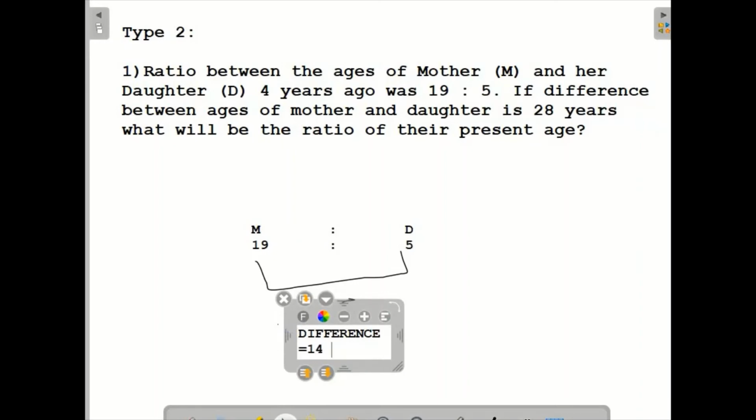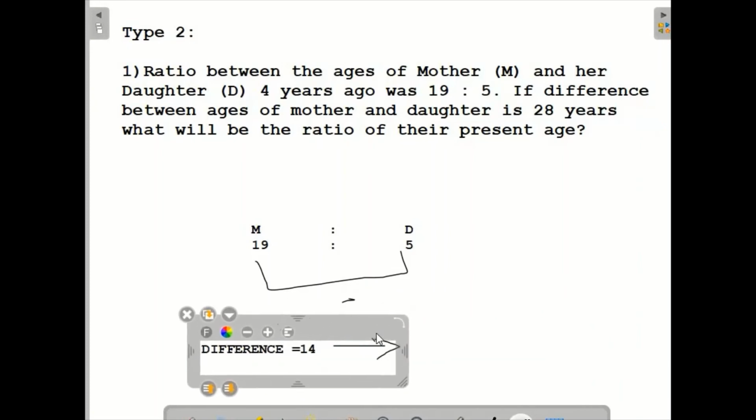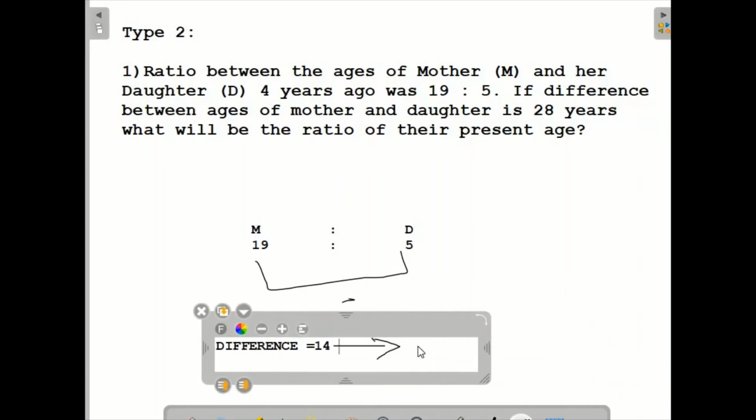So if the difference between the ages of mother and daughter is 28 years, we have to calculate it for 28 years. Our difference is 28.